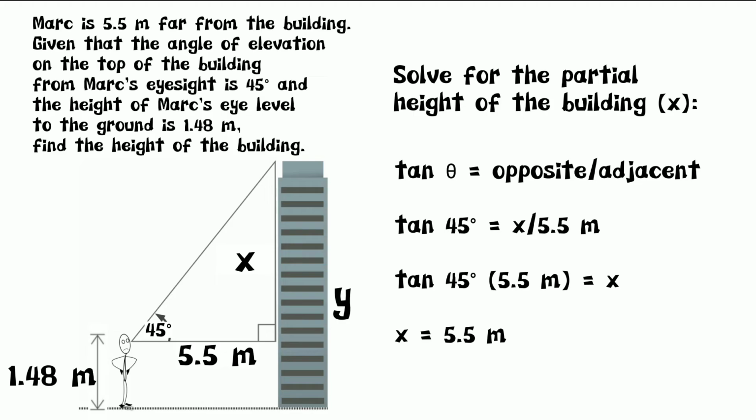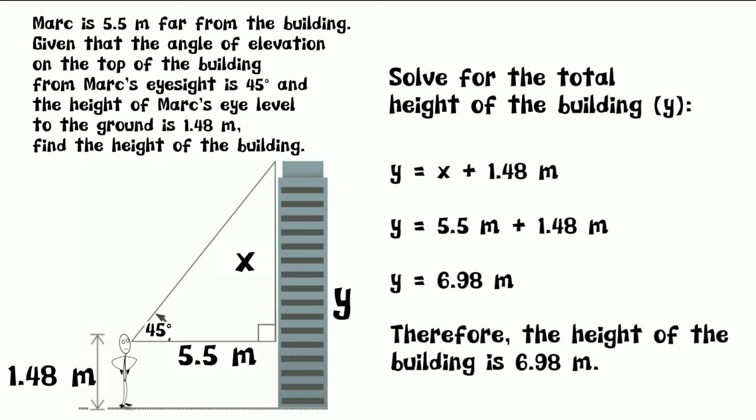After substituting, we cross multiply, which becomes tangent 45 times 5.5 m equals x. Multiplying tangent 45 by 5.5 m gives 5.5 m. Therefore, the value of x, or the partial height of the building, is 5.5 m.